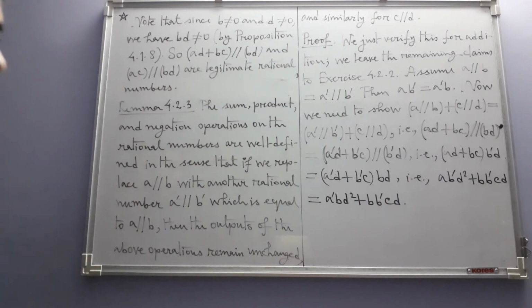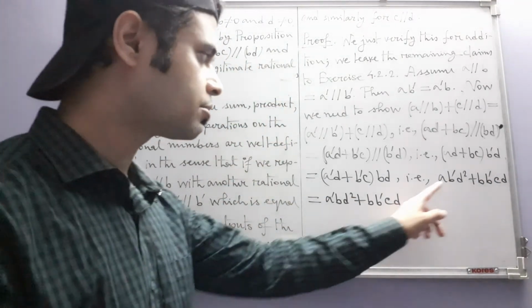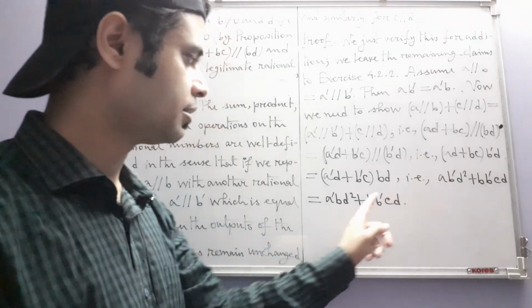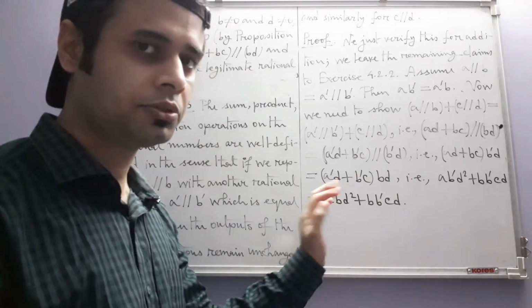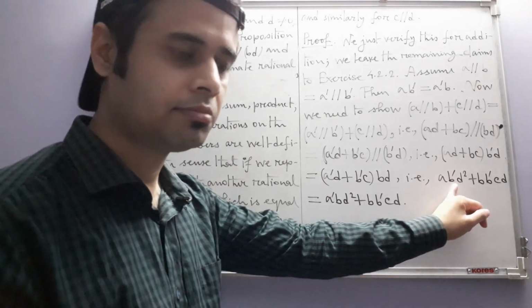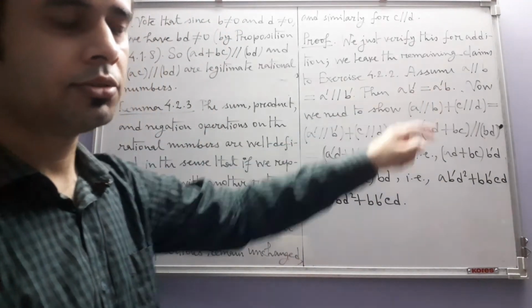And you can see that this last equation is true because these two terms are equal integers, and in the first terms we have D square which is there in both the terms, but other than that here we have A B prime and here we have A prime B. So from this equation they are equal.